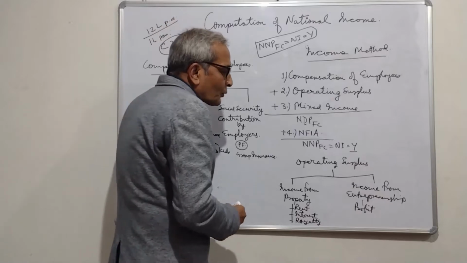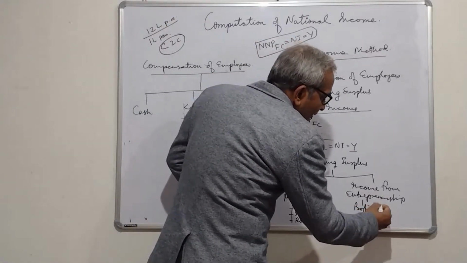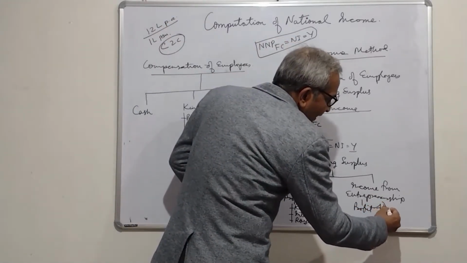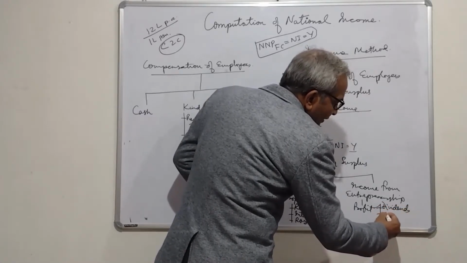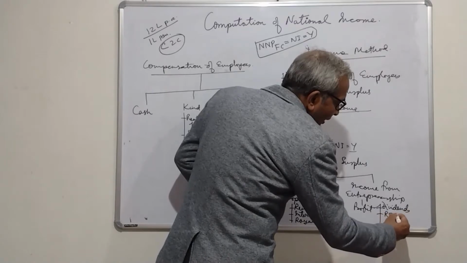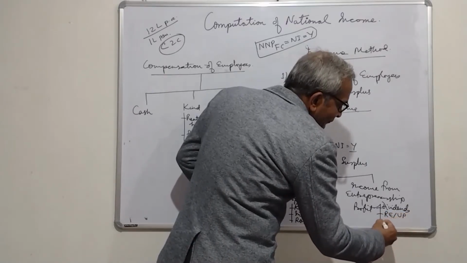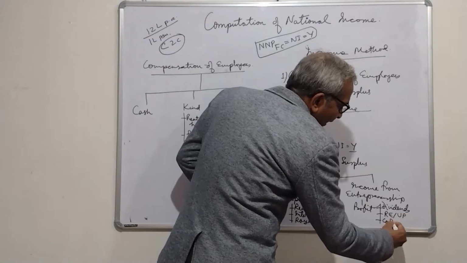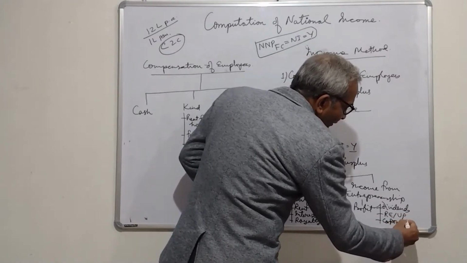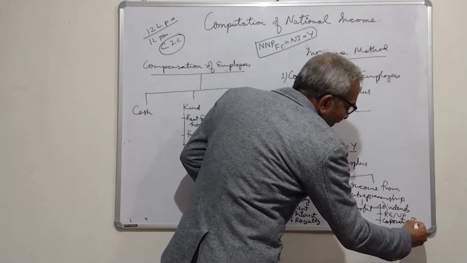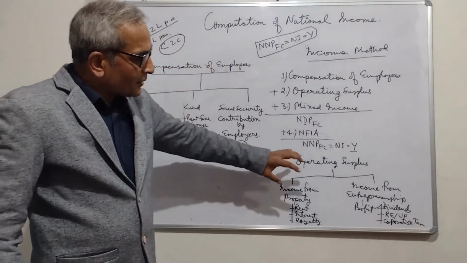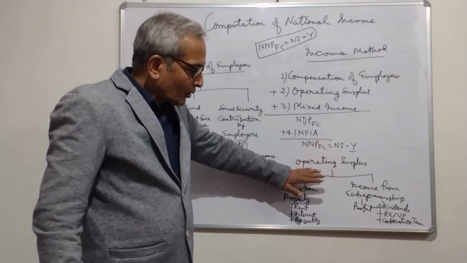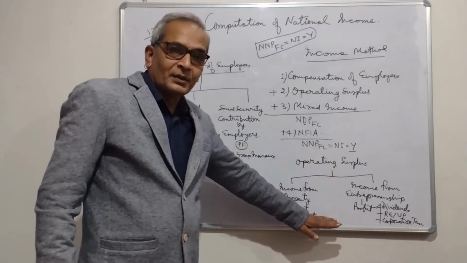And then again, profit has three parts. One is dividend, another is retained earnings or undistributed profit, and third is corporation tax. So, if operating surplus is given, we are not required to look for these.